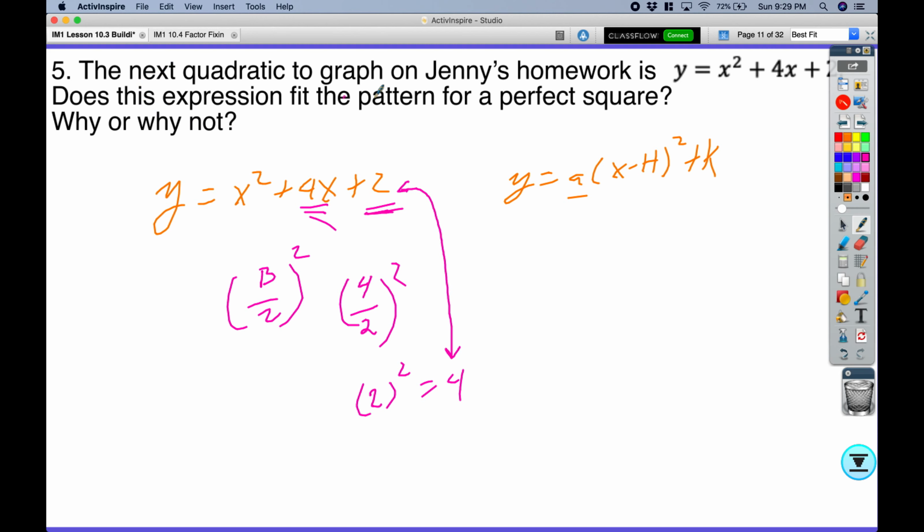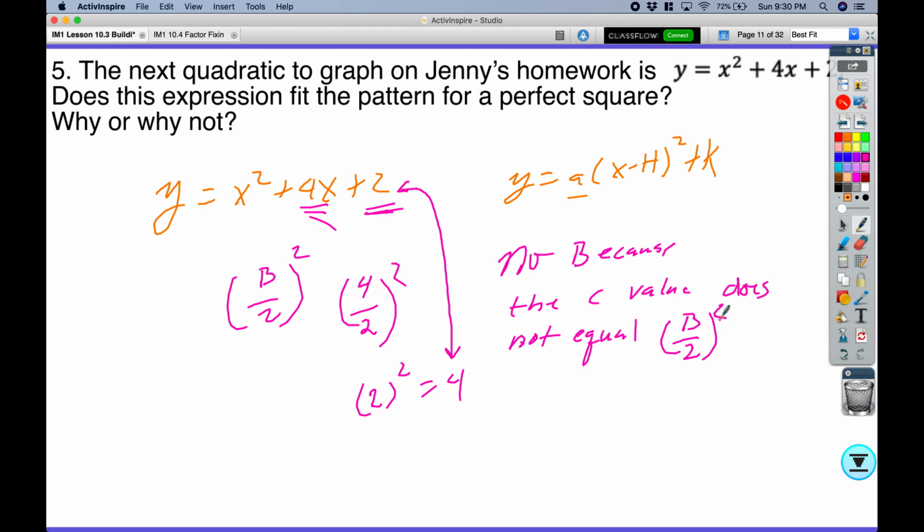So it says, does this expression fit the pattern for a perfect square? And we would say no, because the c value does not equal b over 2 squared.